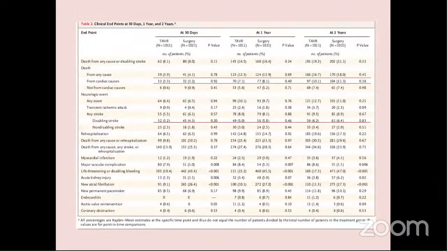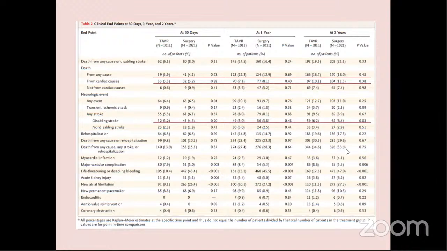So for the clinical endpoints at 30 days and 1 year, we can see that death from any cause in the first 30 days was 62 in the TAVR group and 80 in the surgical group, increasing to 145, which represented 14.5% in the TAVR group and 16 in the surgical group, and at 2 years of follow-up, 19.3 in the TAVR group and 21 in the surgical group.